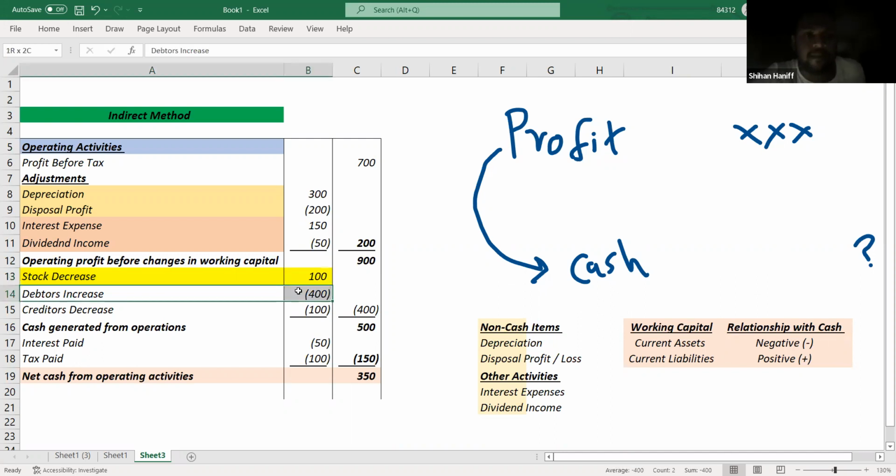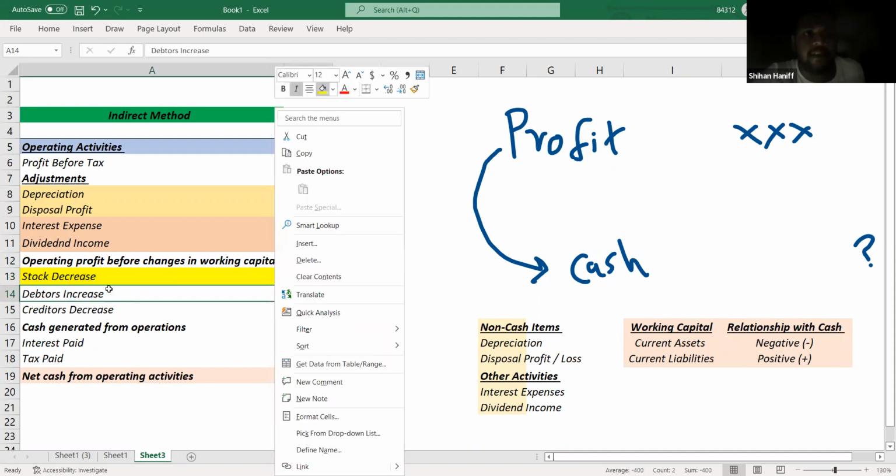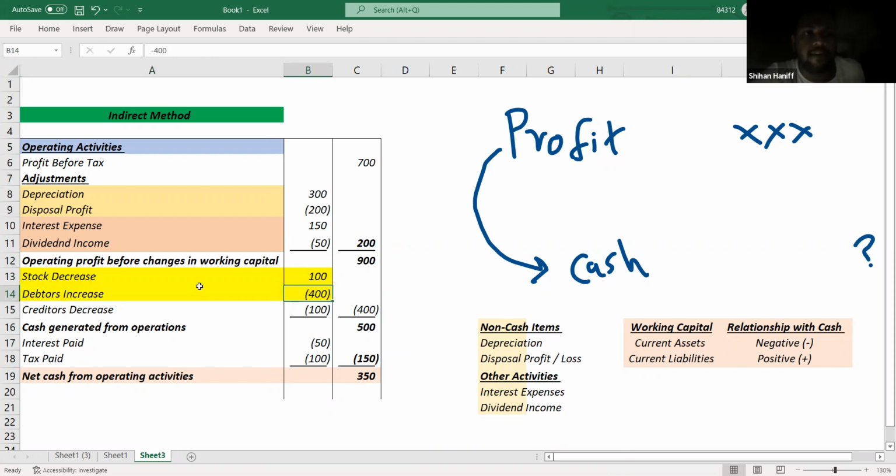Debtors increase. Debtors increase means cash will decrease. These two assets, current assets, have a negative relationship. Decrease means increase. Increase means decrease. That is the simple way to remember that.